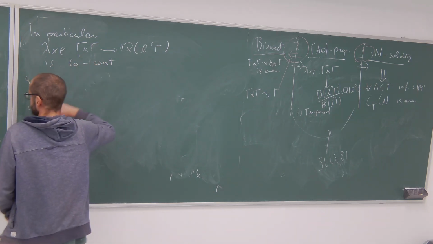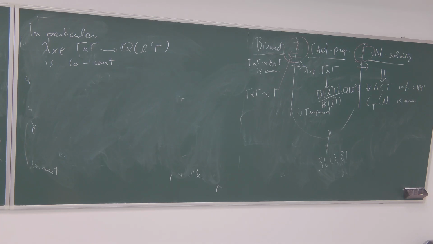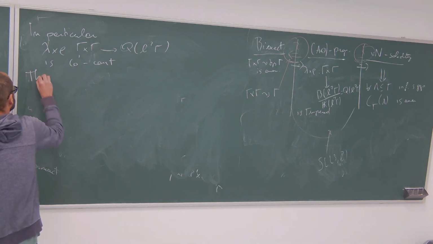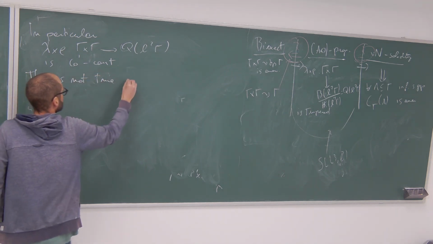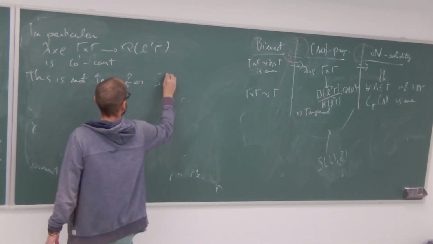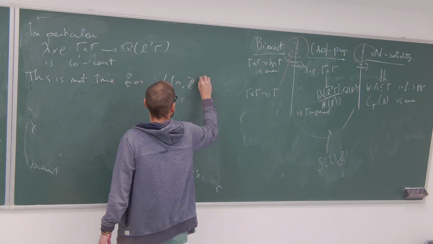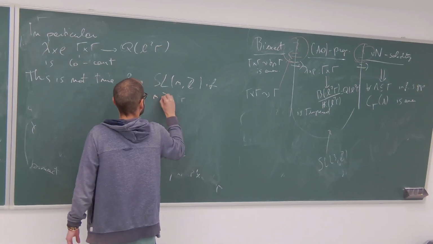So it factors through the completion of the group C*-algebra in which we take the representations which satisfy this condition. And this is not true for SLnZ if n is greater or equal than 5.